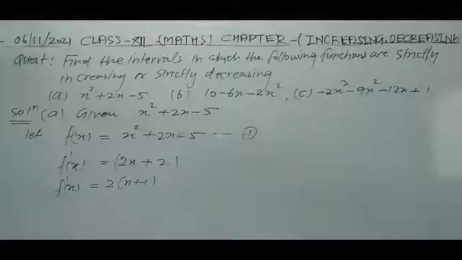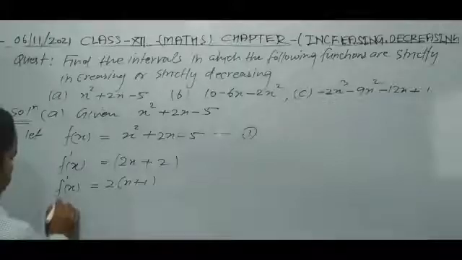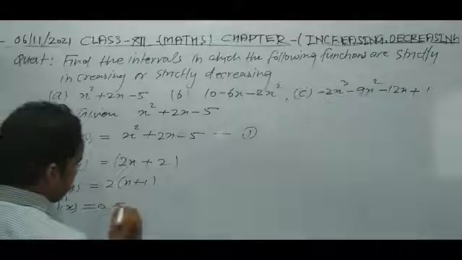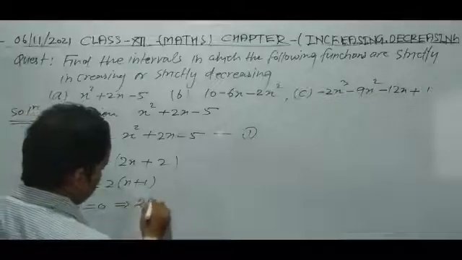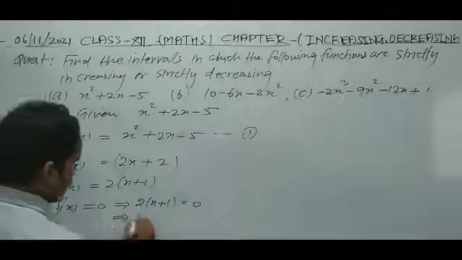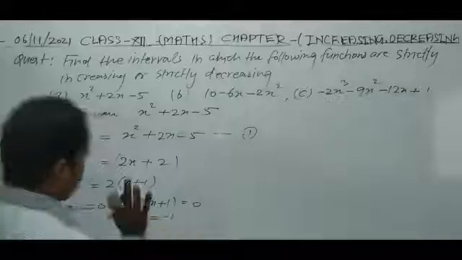Now for the increasing intervals, when you equate to 0 you can get its value. For f dash x is equal to 0, this implies 2 times (x plus 1) is equal to 0. This implies x is equal to minus 1.